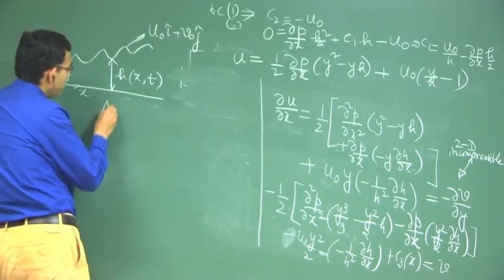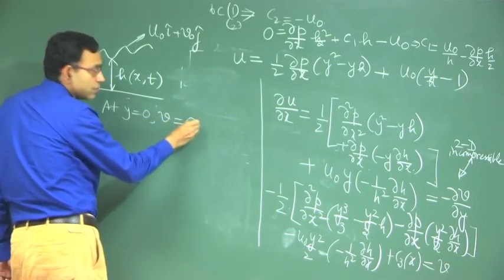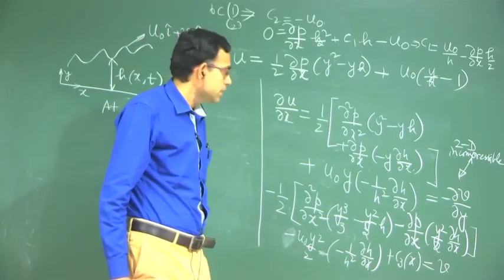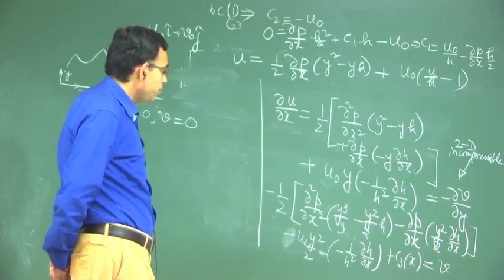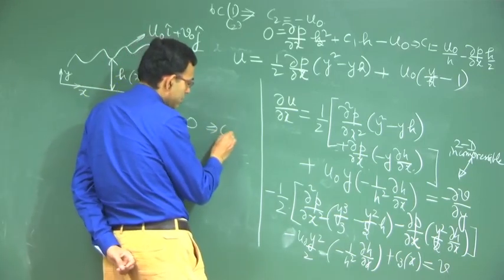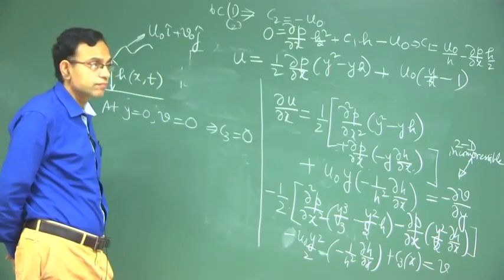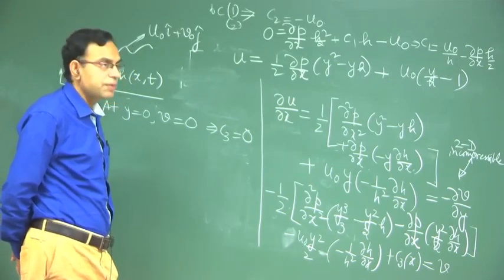At y equal to 0, V is 0. This is the no penetration boundary condition. So, at y equal to 0, if you put V equal to 0, that means C3 will be 0, right.